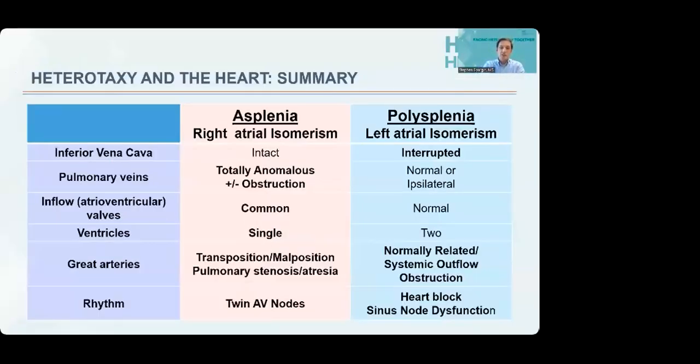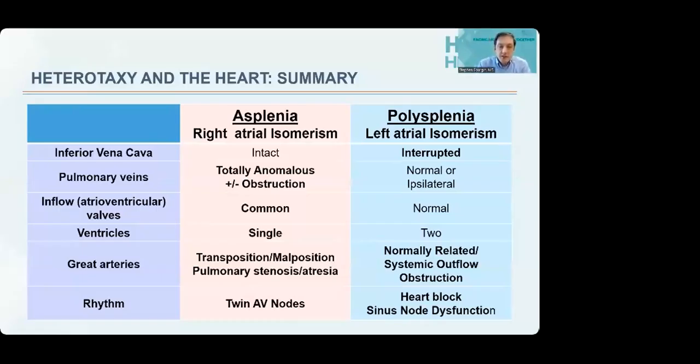However, when sidedness is duplicated, all bets are off. The hepatic portion of the inferior vena cava, the right-sided structure, is typically interrupted in left isomerism. The pulmonary veins, a left-sided structure, often exhibit highly variable and anomalous return in right isomerism, as the right atrium has been duplicated, as it were, onto the left.